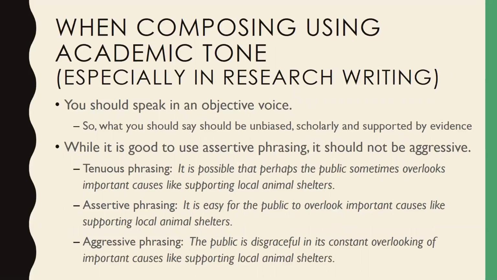Chief among them, speaking objectively. When we approach research writing, we should be trying to project a voice that reflects that we are unbiased writers, that we're scholarly writers, and that what we say is suggested and supported by actual evidence, credible evidence, which is why we've spent so much time already in class figuring out what are reputable sources, what are credible sources, what are unbiased sources, because that evidence reflects on our credibility as writers directly, specifically when we're using academic tone.